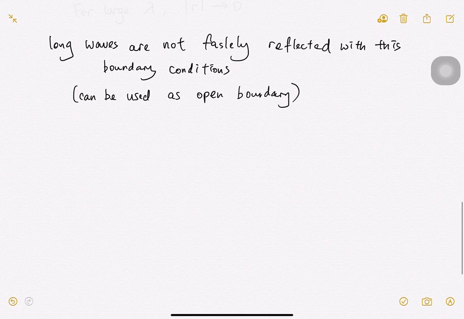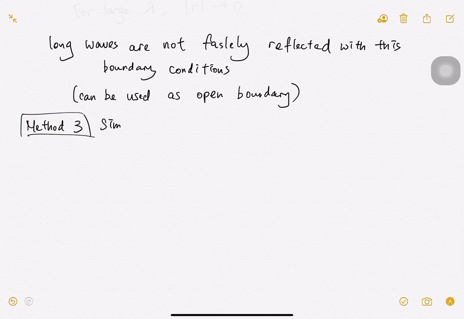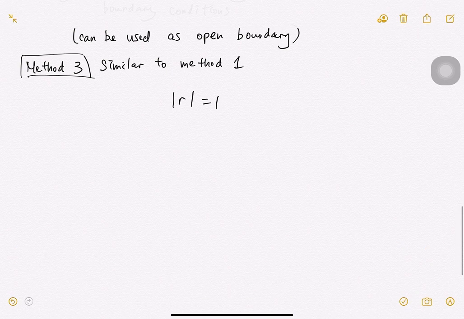Okay, and for method 3, you can do a similar calculation to method 1, and we will find that the reflection equals 1, which is also something we don't want.